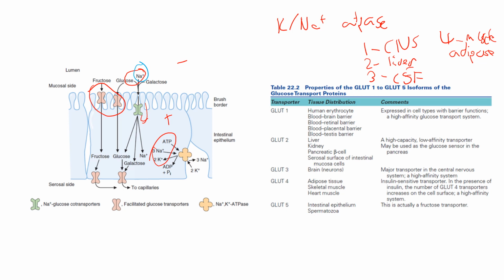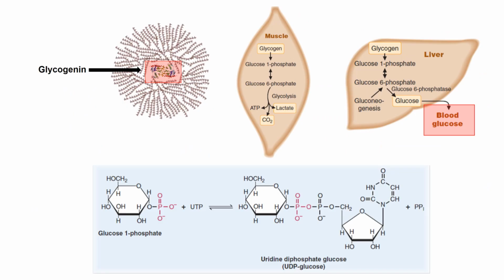So this is really important for your kind of peripheral cells that need energy or store energy. And then GLUT5 is actually weird. It's actually not a glucose transporter, but a fructose transporter. I think you're usually asked that one on a test just to see if you remember. So that's a good thing to remember, that GLUT5 is kind of the odd one out. So that's basically all the transporters and basic metabolisms of different sugars.